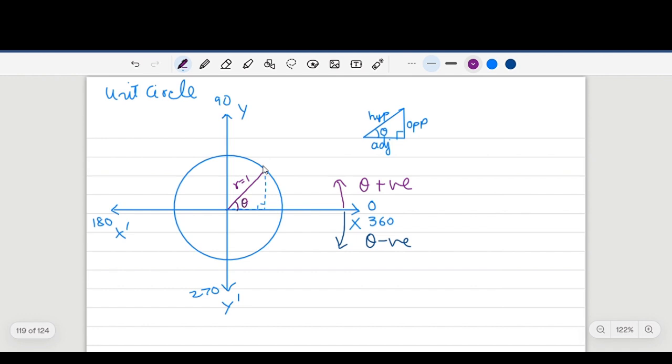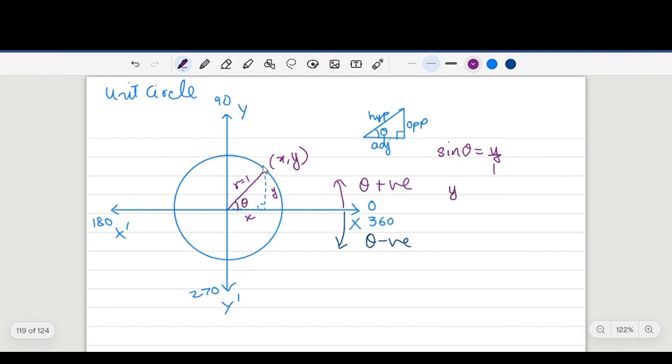Next, if I want to find sine of theta, sine theta would be the opposite upon the hypotenuse. So opposite would be the y value, because this is y and this is x. So sine theta will be y over the hypotenuse, and the hypotenuse is 1.